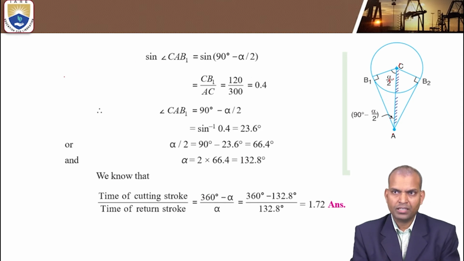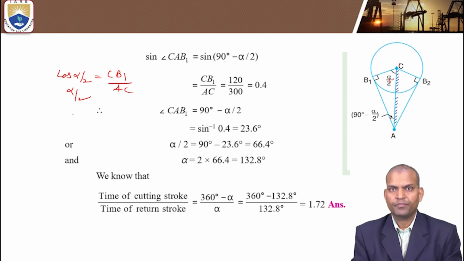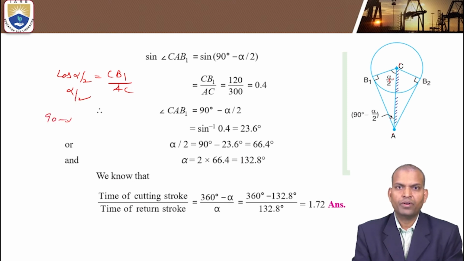There are different ways. Cos alpha by 2 equals CB1 by AC. From that alpha by 2 comes. So 90 minus alpha by 2 equals beta by 2.